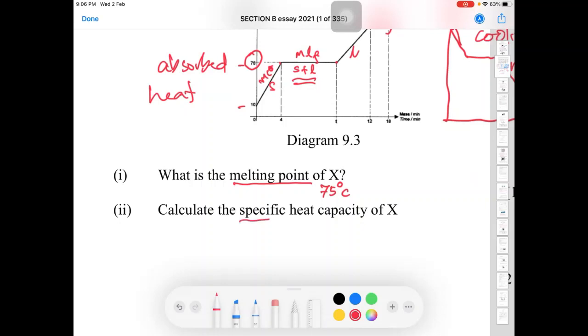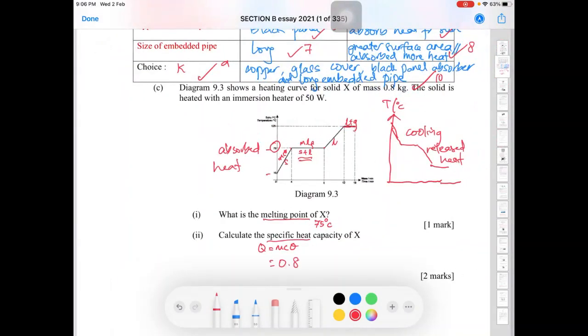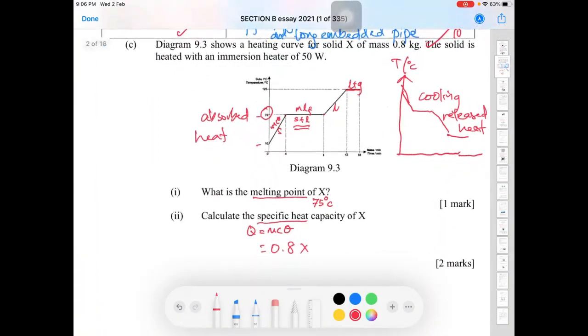So nampak specific heat capacity, mestilah you masih kena ingat your formula Q equals to MC theta. Alright. So your M tadi adalah 0.8 and your C, okay, you nak cari specific heat capacity, which is you nak cari C. And the temperature mestilah theta ini adalah the change in the temperature. So meaning the change is 75 to 10. The change in temperature.